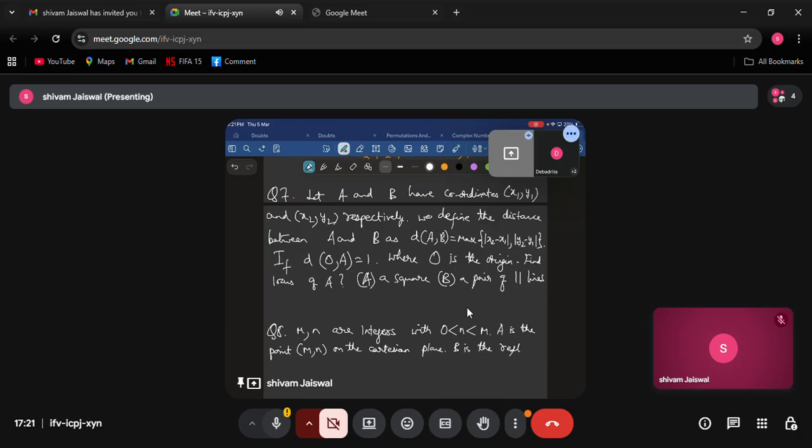Option C, a square of area 2 unit square.